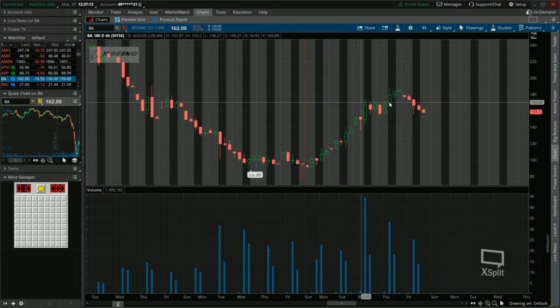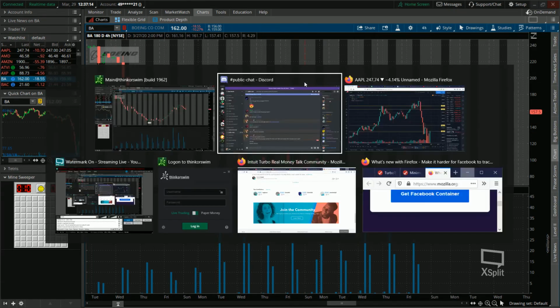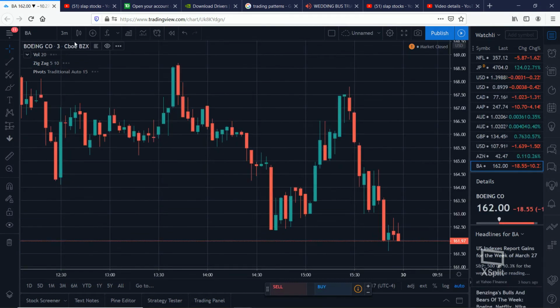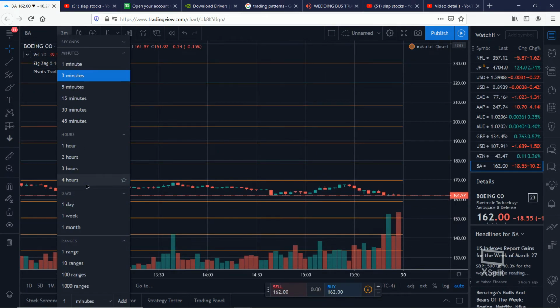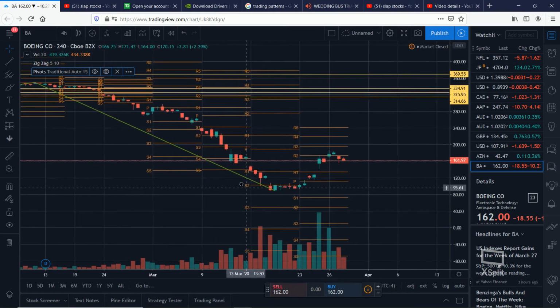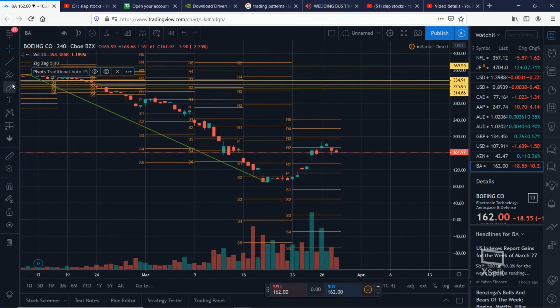Honestly, this could be a cup and handle pattern. Let's look here. Typically what a cup and handle pattern is, I'll draw it out for you. Hold on, why is my brush not there?